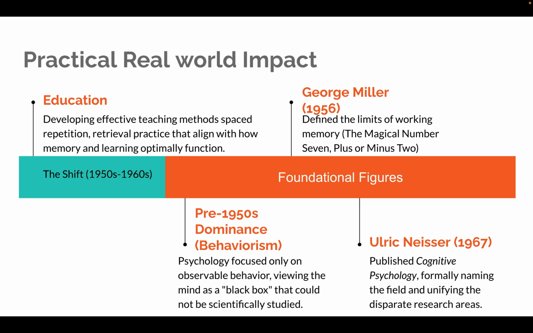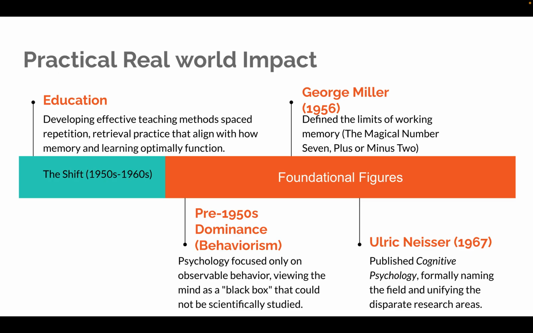So here we have the shift between the 1950s and the 1960s. I decided to do some of the foundational figures, such as George Miller. In 1956, he defined the limits of working memory, which would be the magical number 7 plus or minus 2.